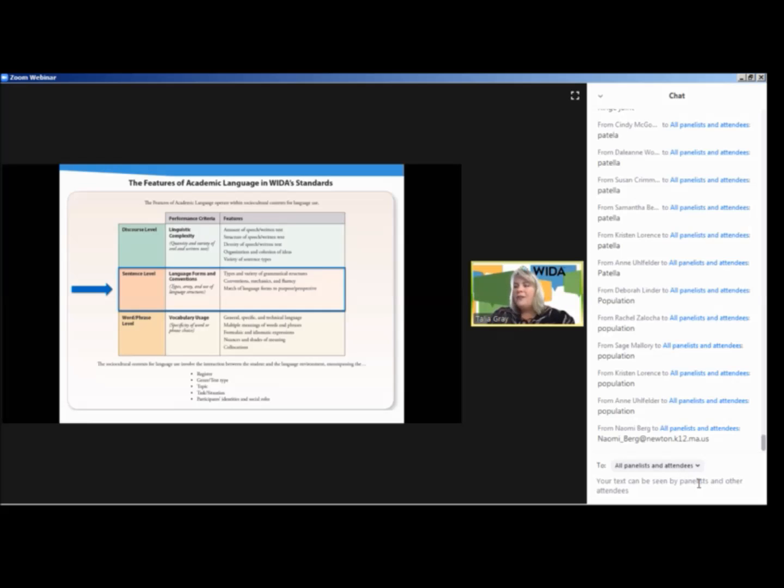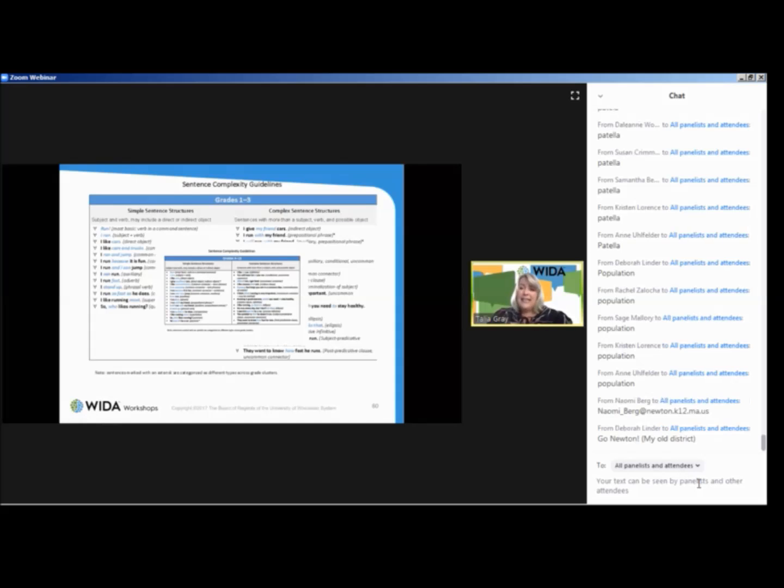Now, it's sometimes difficult to know examples of sentence dimension and what is a good sentence, what is not a good sentence. So for you, we have a sentence complexity guideline.